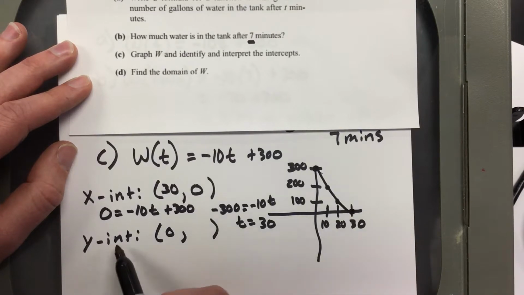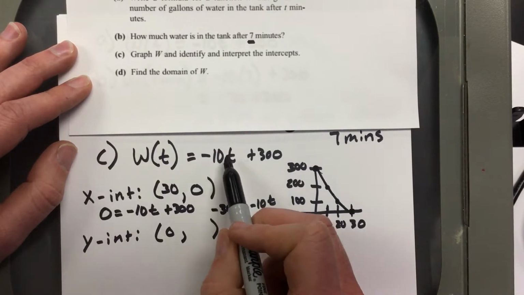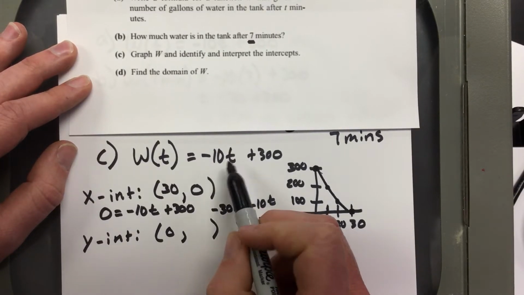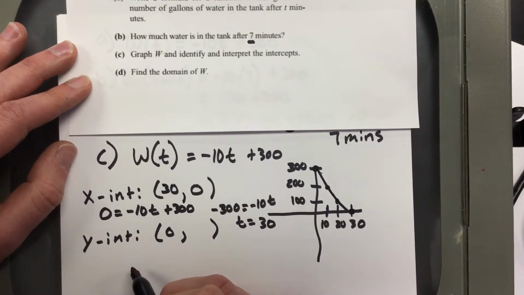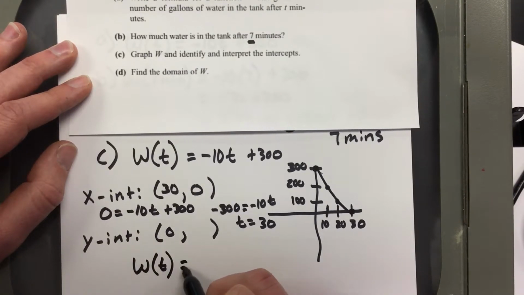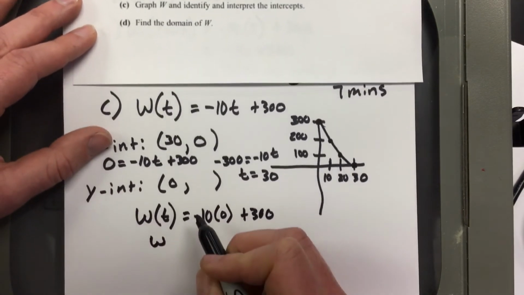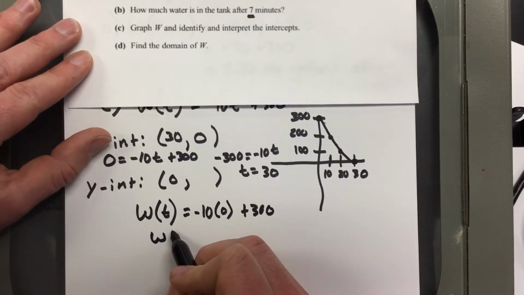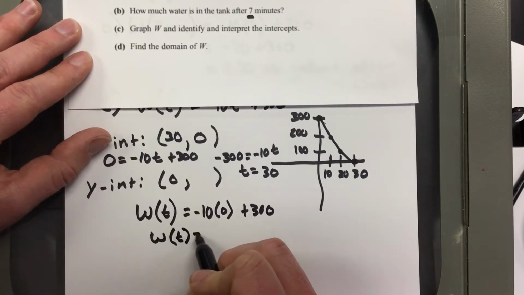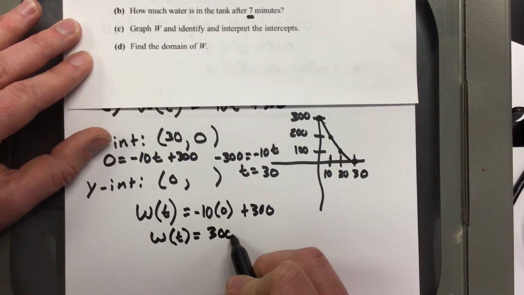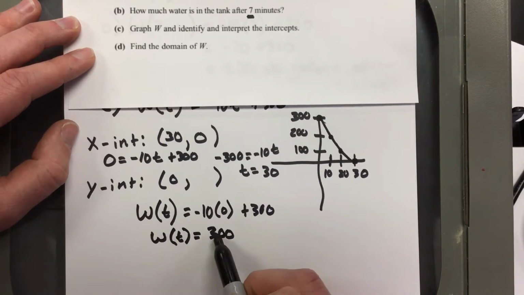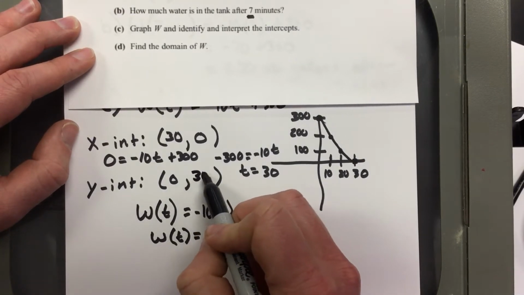Now, if I plug in 0 for t here, that's going to give W of t equals negative 10 times 0 plus 300, which gives W of t equals 300, which means this is my y-intercept, 0, 300.